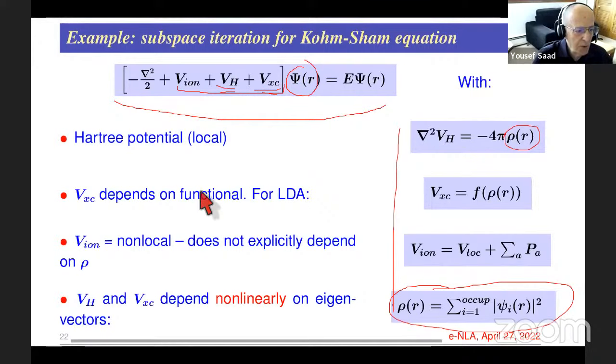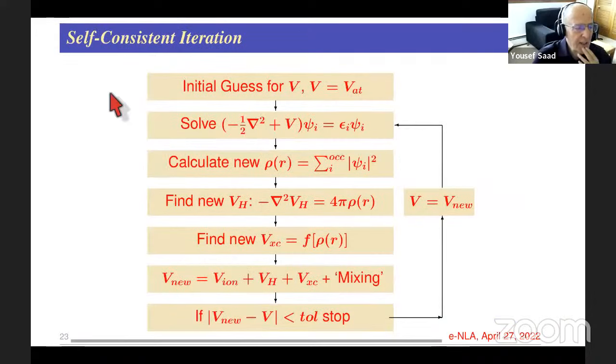So what you could do to solve this problem, and what is done, is the self-consistent loop, where you solve an eigenvalue problem like this, where V is updated every time. You take the previous V, compute these different terms that update the potential, and come back and iterate. That's really a fixed point iteration kind of algorithm.